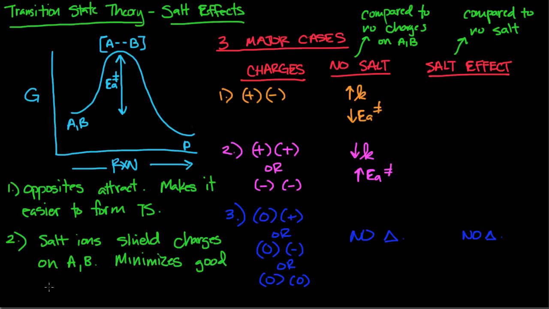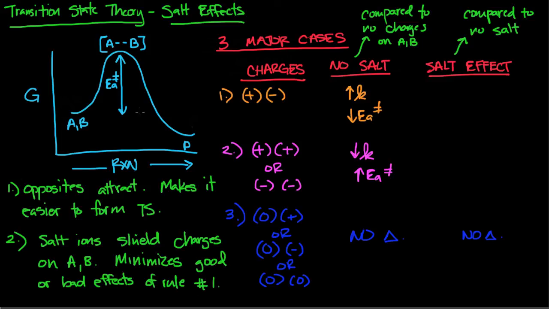Okay, so we had rule 1 that said opposites attract, the same charges repulse, and that could either be good or bad. If you have the presence of salt ions, that's going to minimize those good or bad effects from rule number 1.